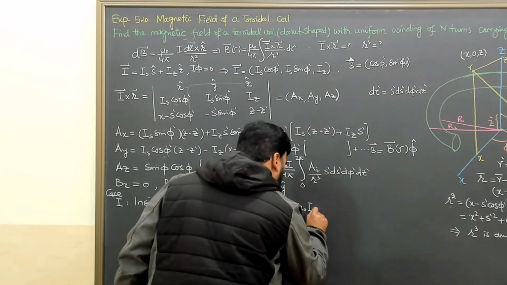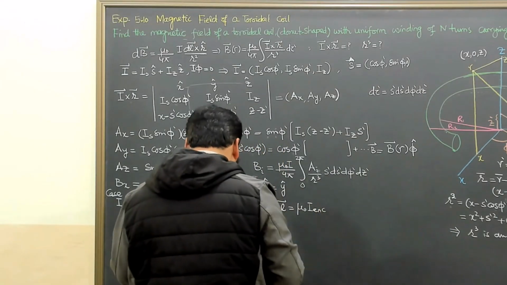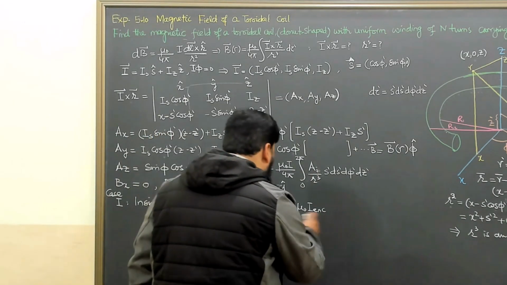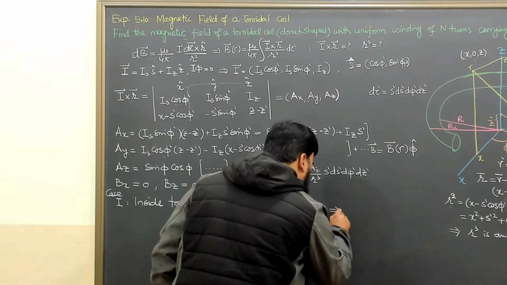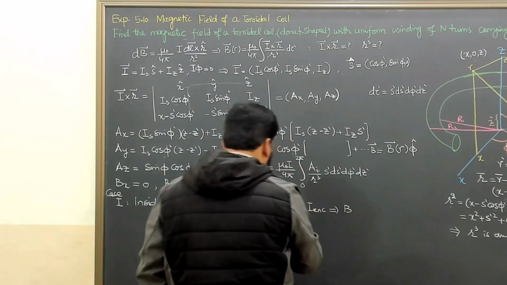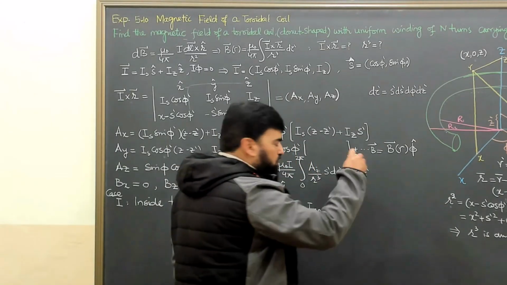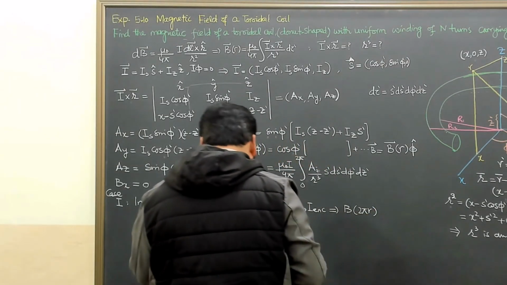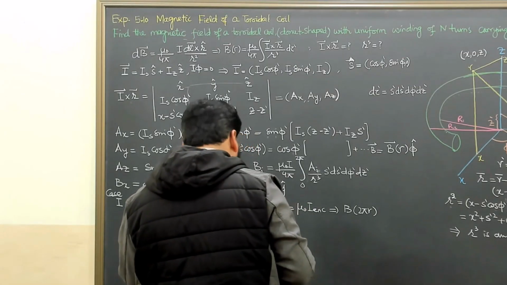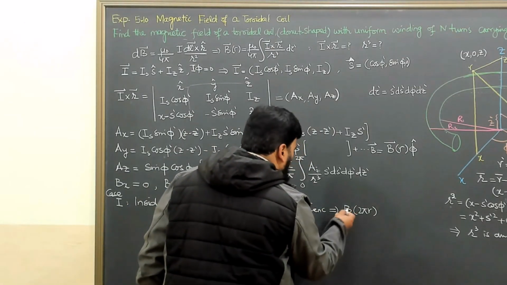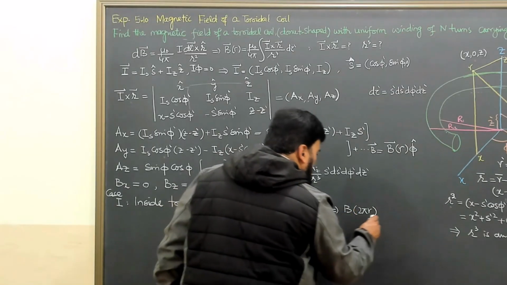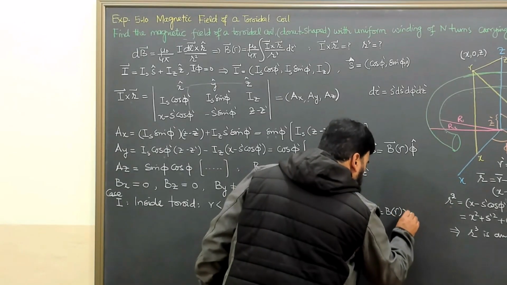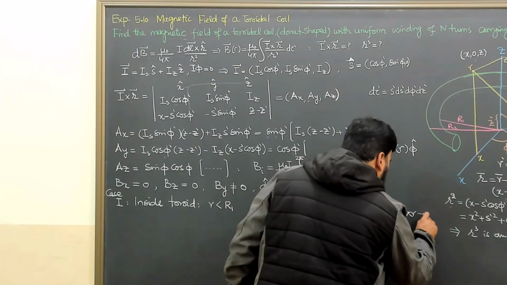From here, B dot dL gives B times dL around the loop, which is 2 pi R. So this will be B of R times 2 pi R. And what about the right side?